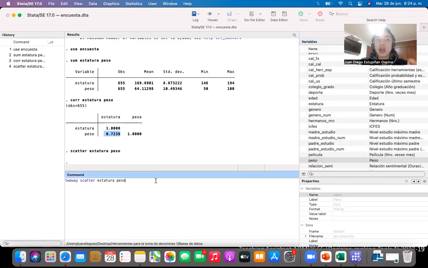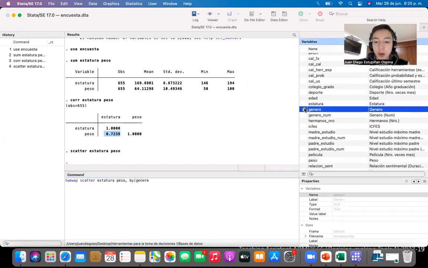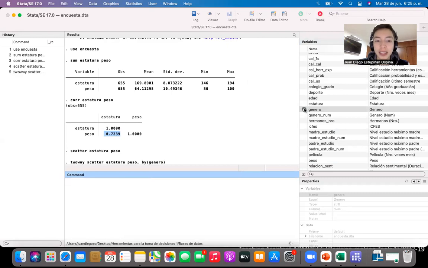And for example, I want to see how the height and weight behave according to the gender of the respondent. So I'm going to write a comma, open a parenthesis, and after that I'm going to write the variable género, which represents the gender of the respondents.